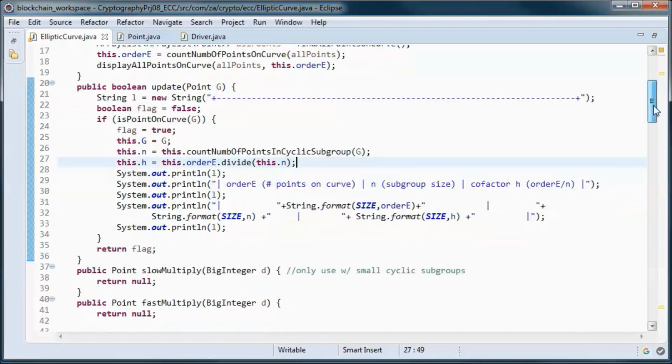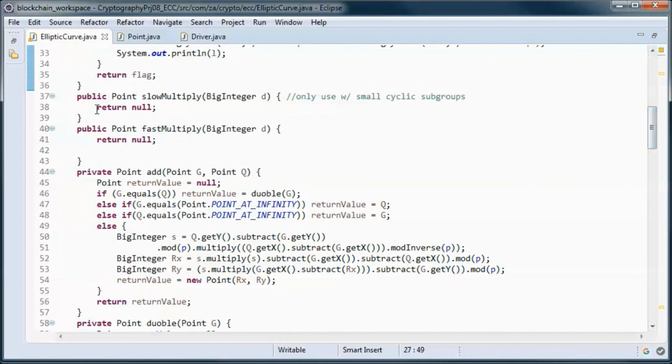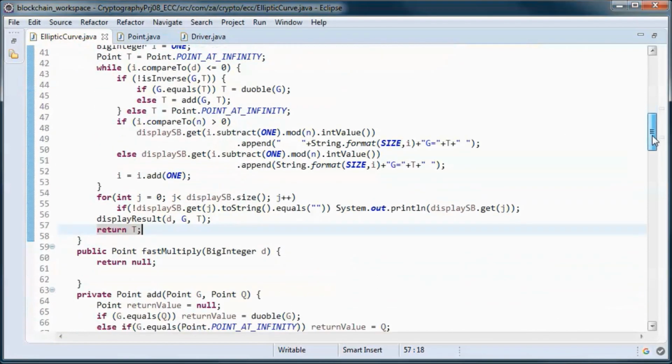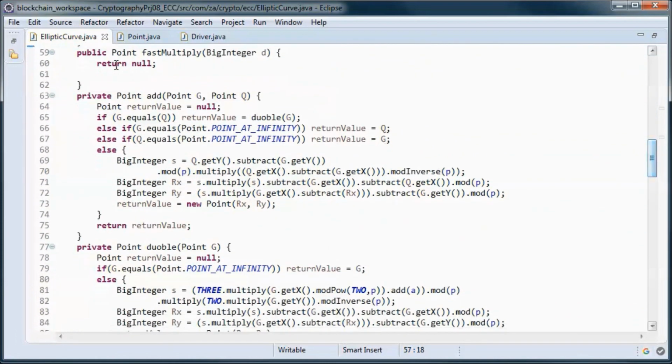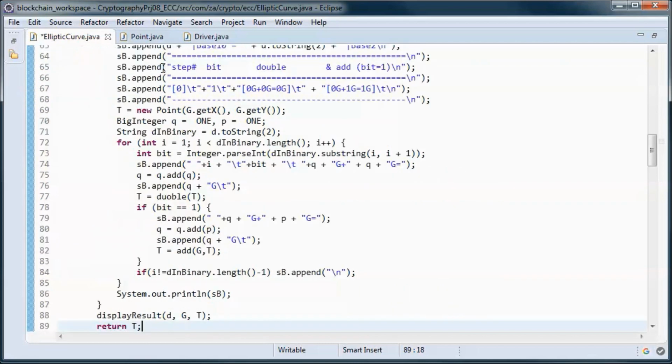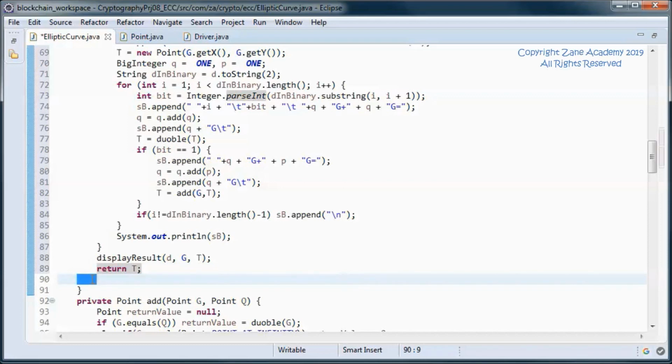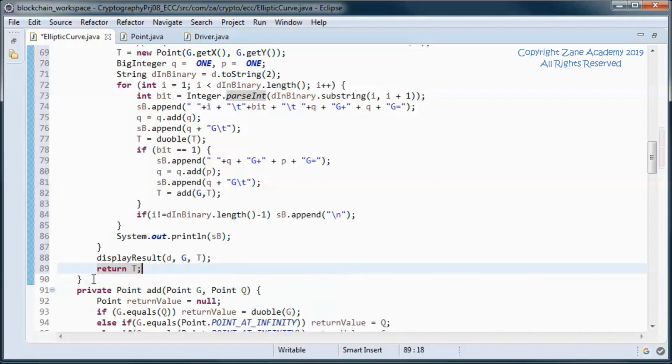And this will implement the slow hopping. And this one, it implements the double and add algorithm to do fast hopping.